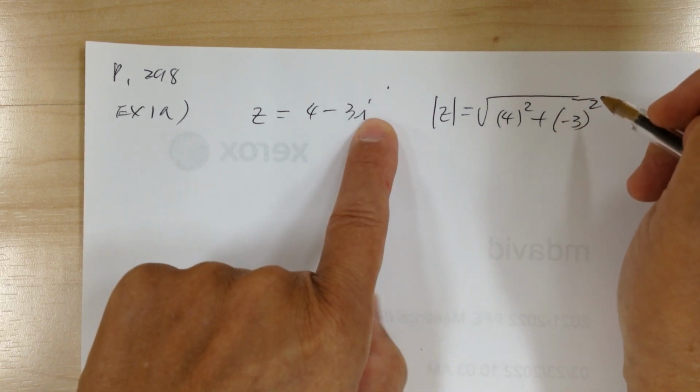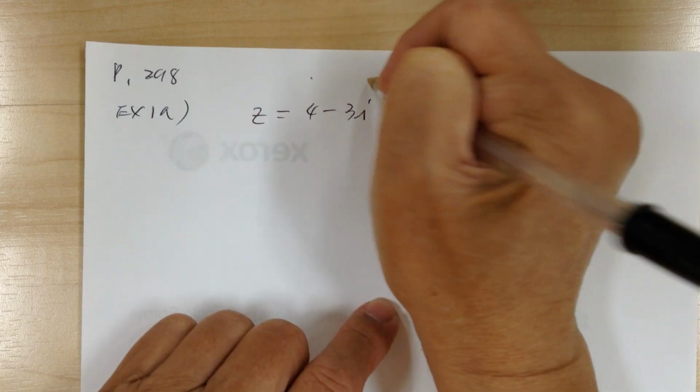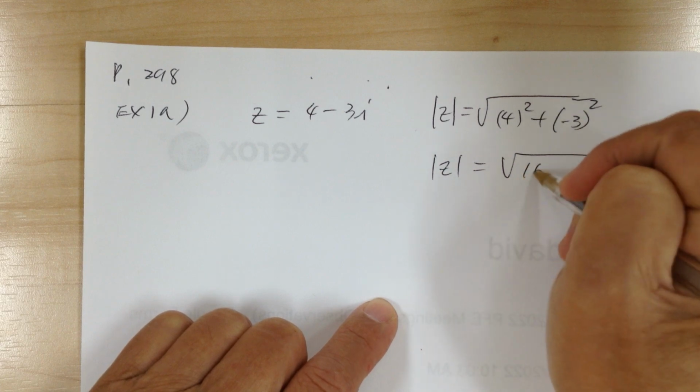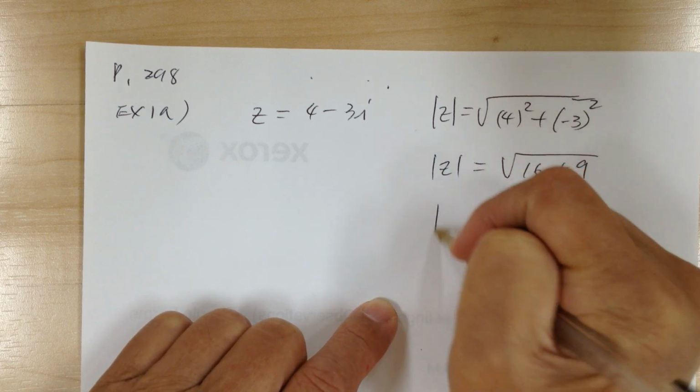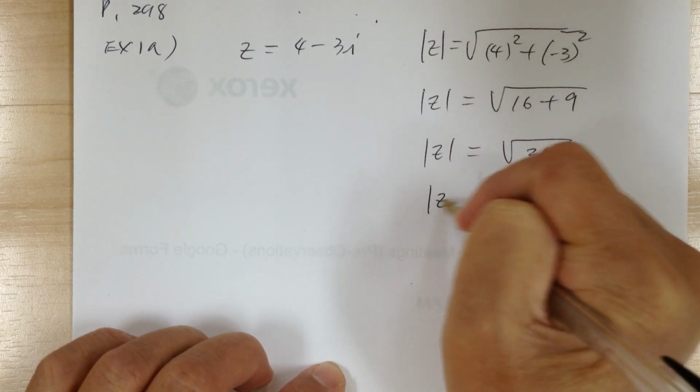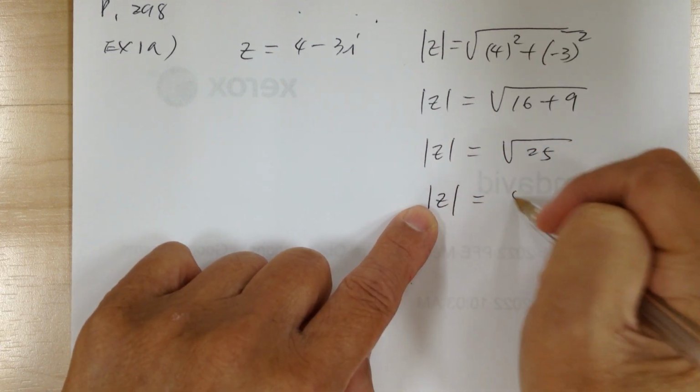Again, i is a direction, because this is real, this is imaginary. So the absolute value of z equals the square root of 16 plus 9, the square root of 25. The absolute value means the length, equal to 5.